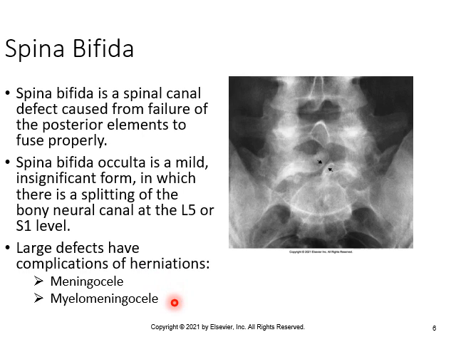Now, myelomeningocele is the most significant, and with the myelomeningocele, not only do you have the meninges, or that outer membrane of the spinal cord, but you also have the actual spinal cord itself herniating out of this defect. Now, the defect doesn't only happen at one level. As you get to these larger defects, they're going to happen at multiple levels. The level that it happens at is usually the level that these patients start experiencing neurologic deficit.